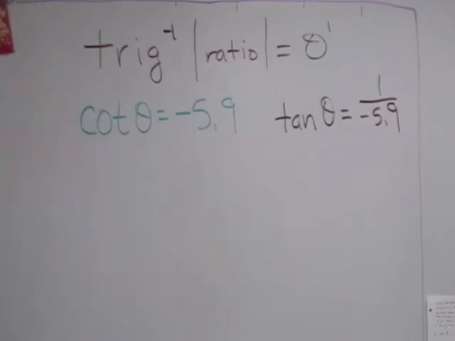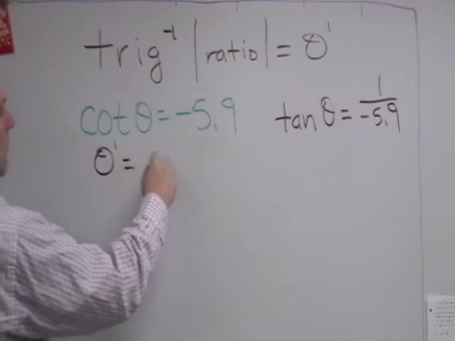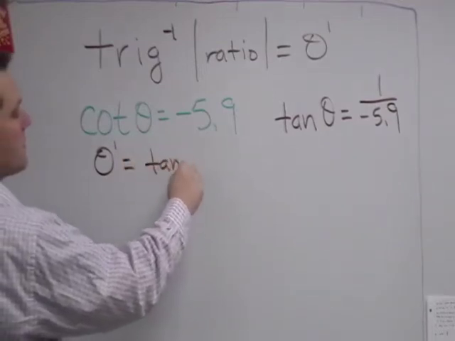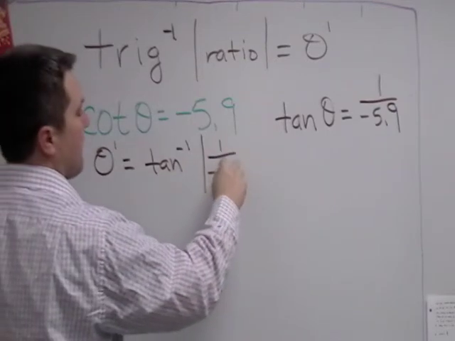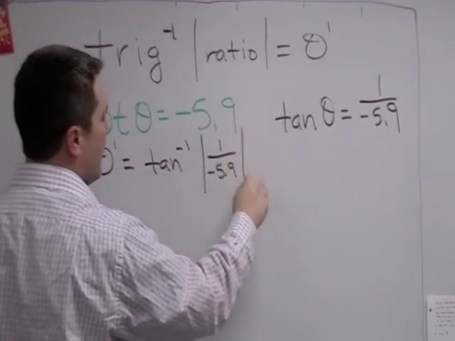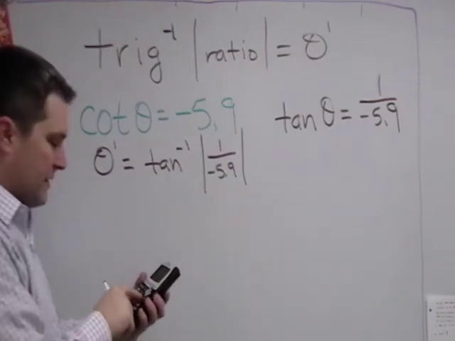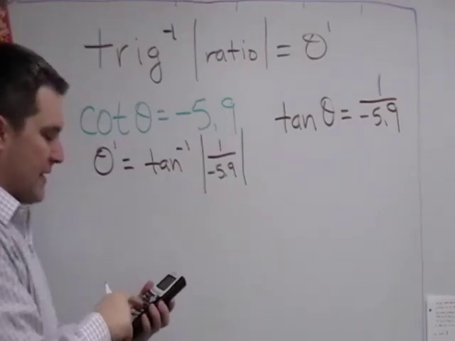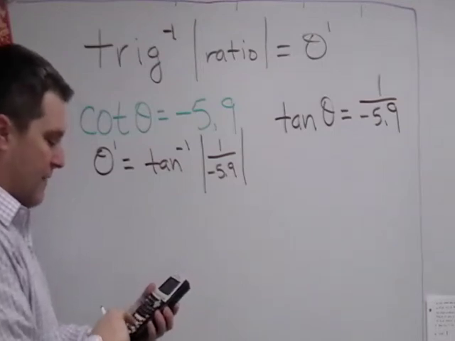All right, make sure that's on the screen. Okay, good. Okay, so theta prime is going to equal tangent inverse of the absolute value of 1 over negative 5.9. So all the absolute value does is makes us positive. So when I punch this in, second tangent, tangent inverse, I'm just going to ignore the negative. 1 divided by 5.9.